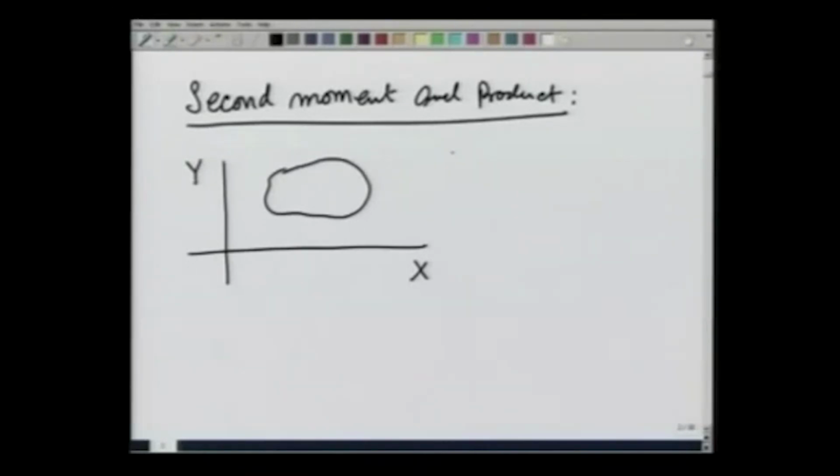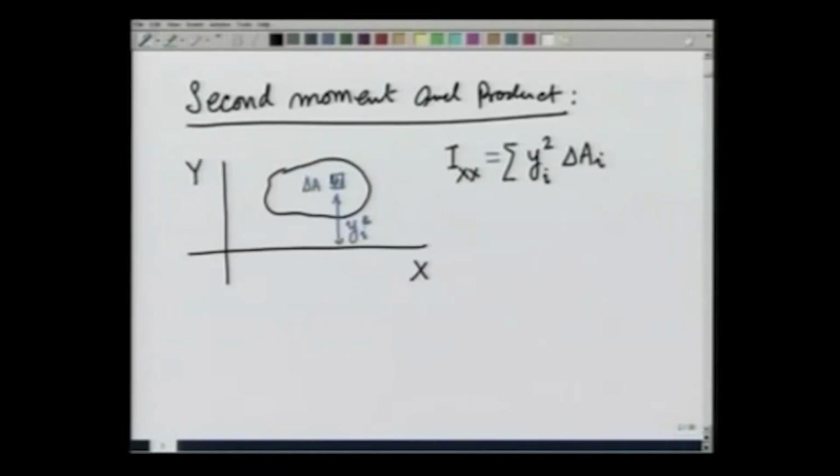Then the second moment Ixx about the x-axis is defined as: I take a small area delta A, multiply this by the perpendicular distance from the x-axis squared, and add it up.